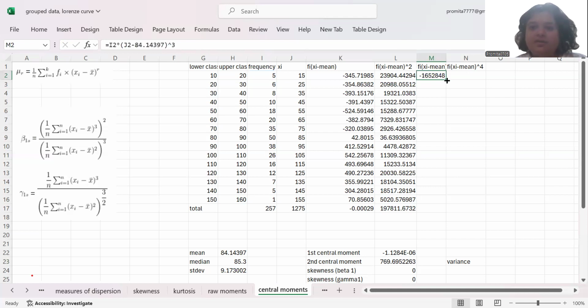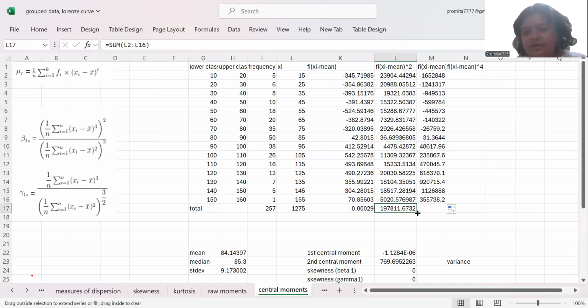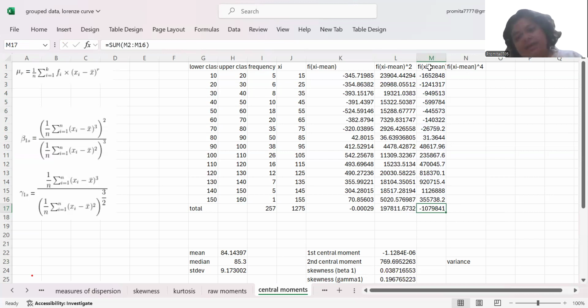And we drag and drop, and then we take the total of the whole thing. So this is my fi into xi minus mean whole cube we have got.